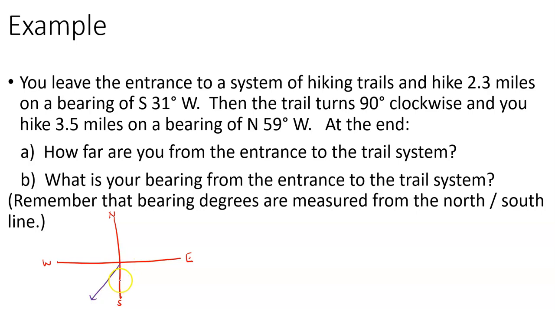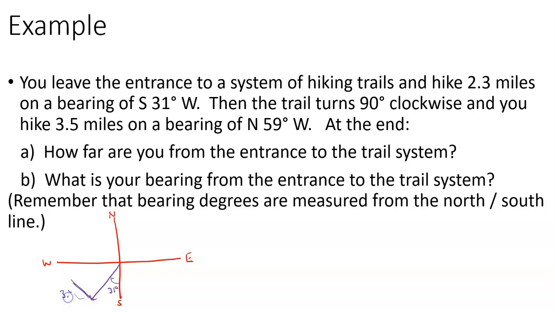So from the south, you're going to head towards the west 31 degrees. Now it says the trail turns 90 degrees clockwise. Well, which way is the clock going? The clock goes towards the right. So if you're walking down this trail, you're going to turn towards the right 90 degrees, and you're going to hike 3.5 miles.